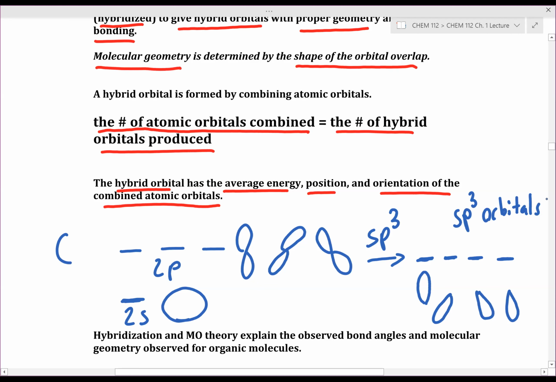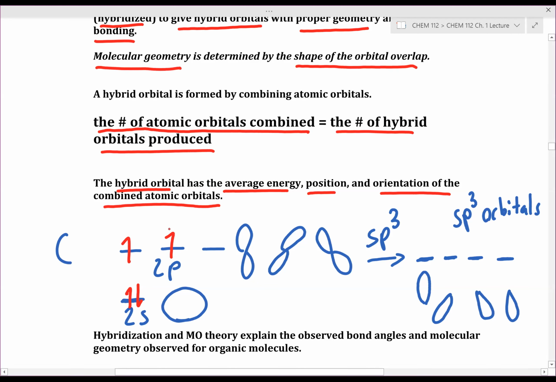Now you may say, what's the point of all this? Because as we discussed, when we mix these orbitals together, we haven't actually gained any energetic benefit. However, thinking about carbon with its 4 electrons in these valence orbitals, 1, 2, 3, 4, we still have 4 electrons in these orbitals, right? So now that we have these new hybrid orbitals, where are we going to put our 4 electrons? Yep, and these hybrid orbitals all have the same energy.